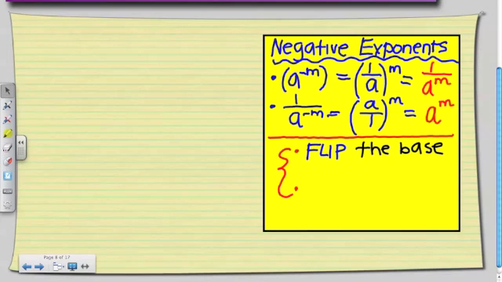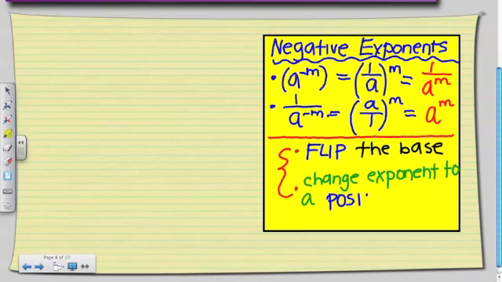And the second step is to change your exponent to a positive value, and after that you can apply any exponent rules.